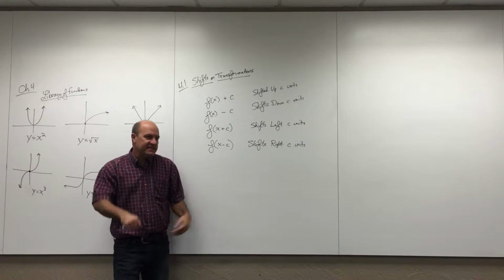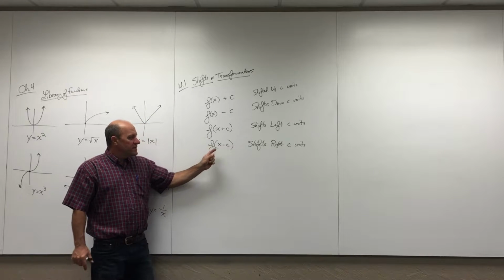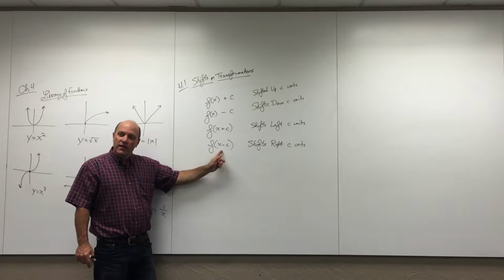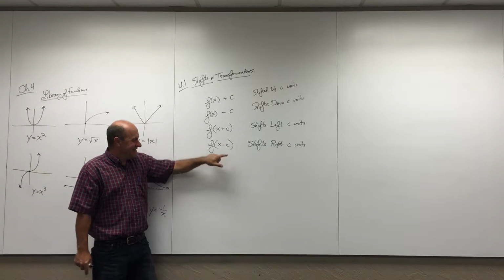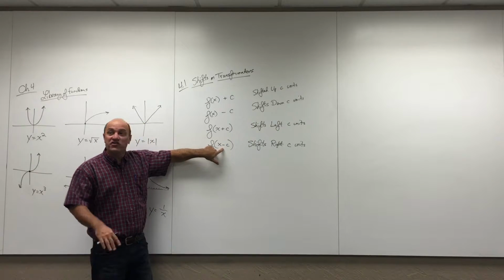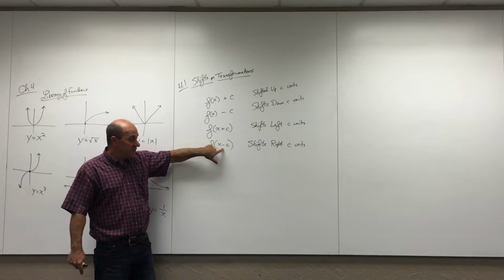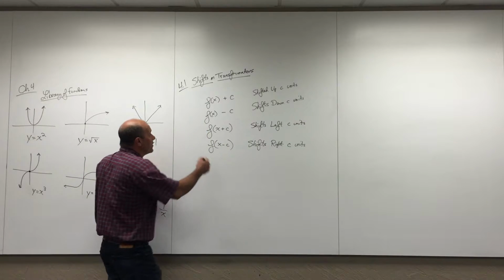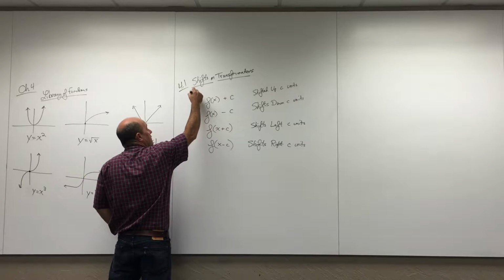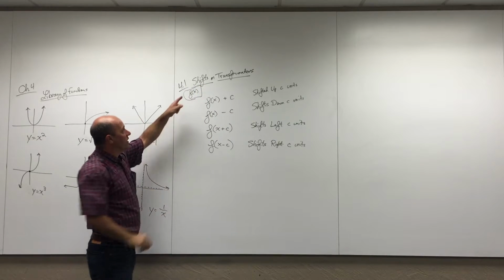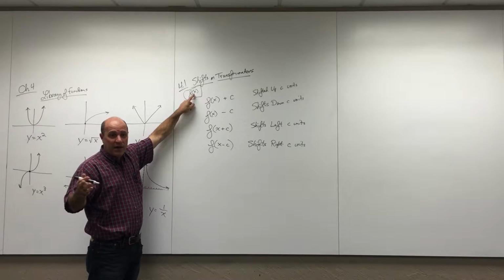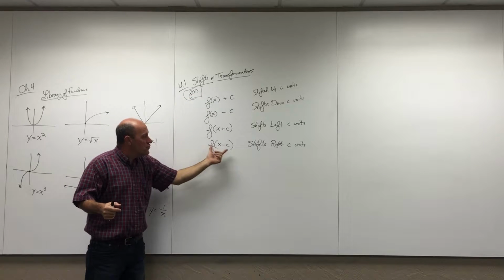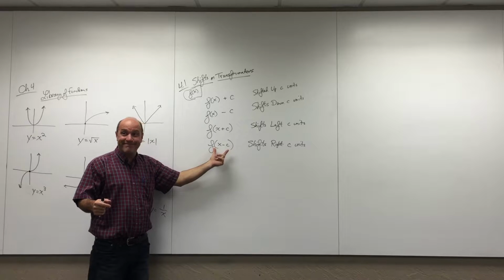One way to try to make sense out of that, maybe, is, I don't know, you just memorize it. You probably just want to memorize it. But if you wanted to try to make sense out of it, you could say to yourself, where's the new 0? If that makes any sense. The original function is some original function, and when x is 0, x is 0. But what's the new 0?